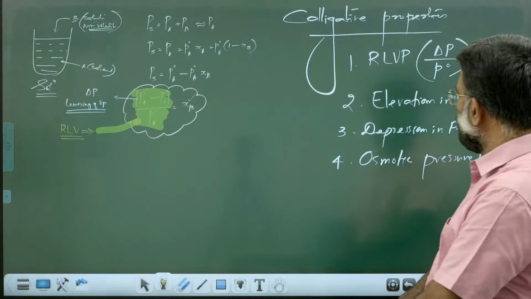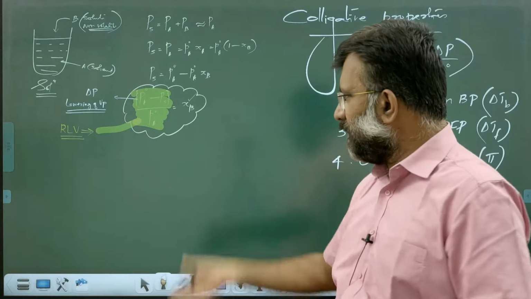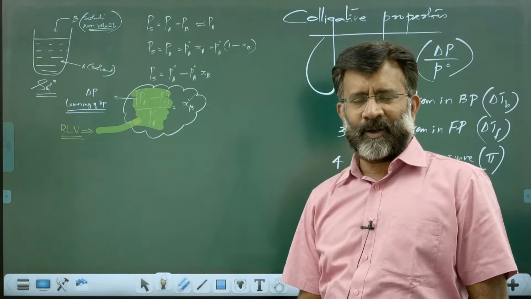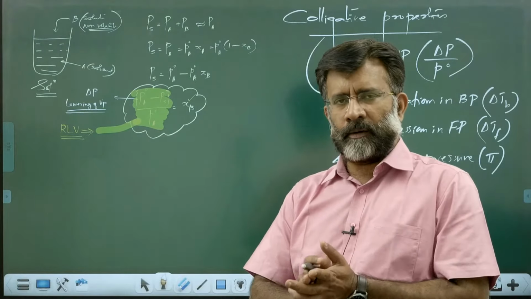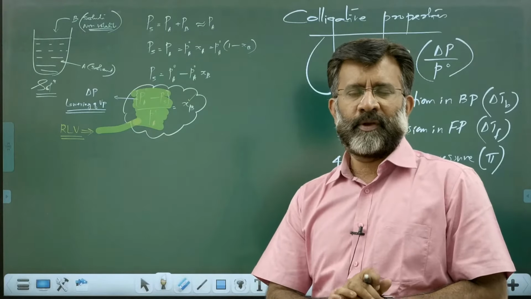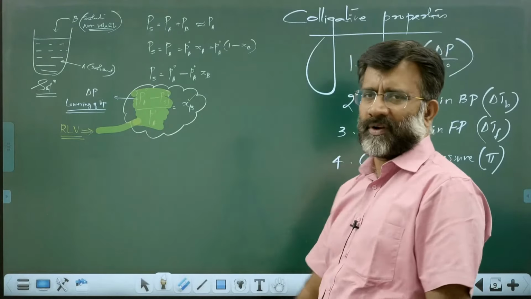These are the four important colligative properties, and we are referring to the number one colligative property, relative lowering of vapor pressure. Lowering of vapor pressure depends on the amount of non-volatile solute present, not on the nature of the solution. That is evident from the formula.